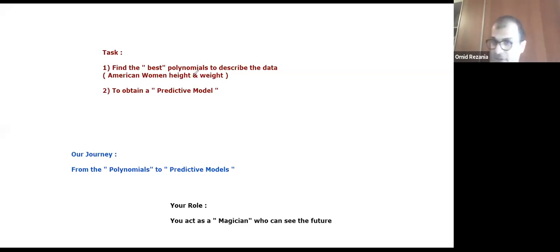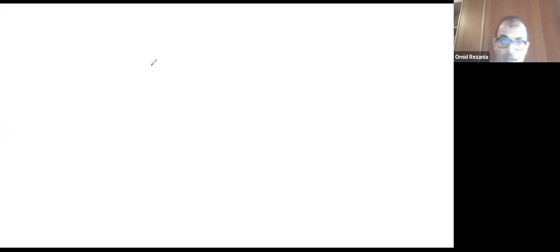If you remember, the polynomial of degree number 1 for our case was this. We know that the polynomial of degree number 1 is essentially the straight line equation, ax plus b.